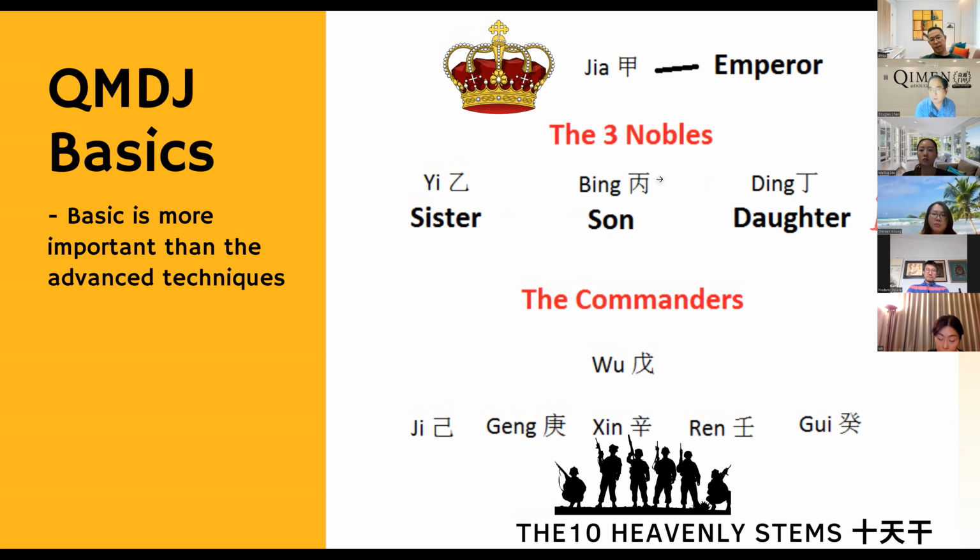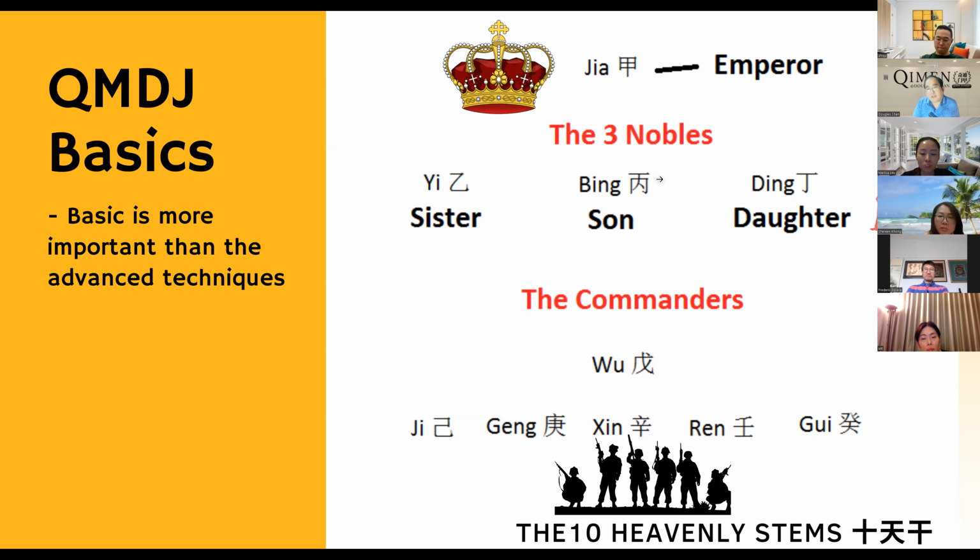The Bing and the Ding are also nobles, and the Yi is also a noble. So next time, when you see a Yi together with a Bing, or a Yi together with a Ding, or maybe the Bing with a Ding together in the same box, we can jolly well say that that particular box is a very, very good box.